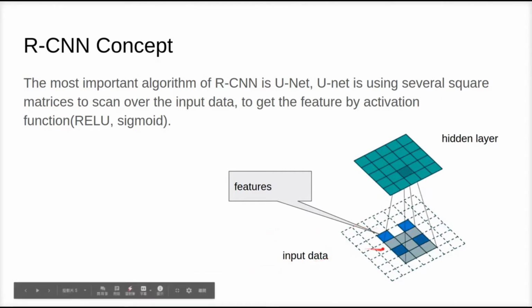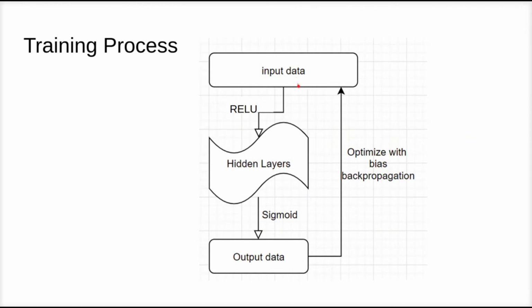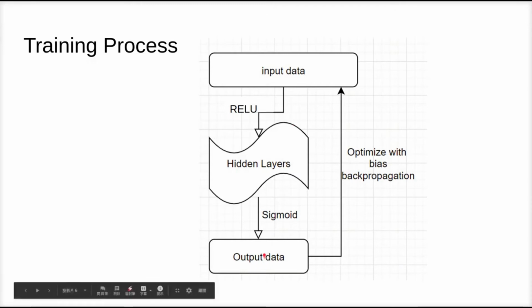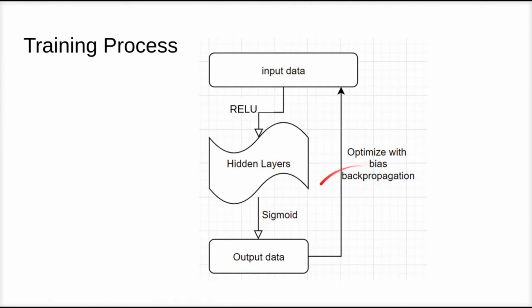In the training process, the machine gets the input data and the output data, finds the hidden layers and predicts the data. The predicted data and the output data will have some bias. We optimize the bias by backpropagation.